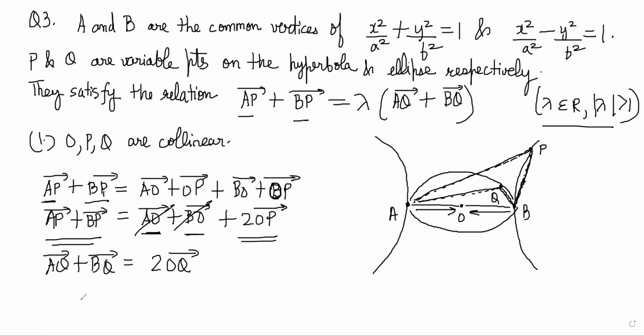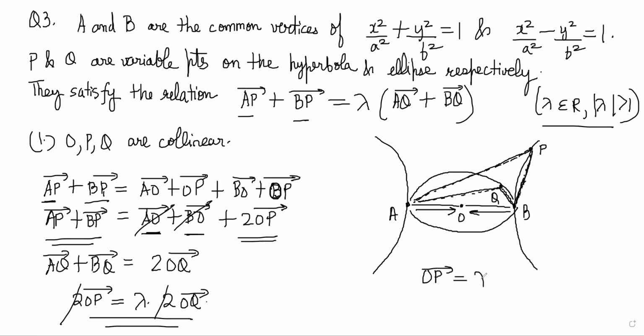So we are getting twice of OP vector is equal to lambda times twice of OQ vector. So basically 2 can be cancelled and we are getting OP vector is equal to lambda times OQ vector, which is obvious now that this is like a section formula situation when O, P and Q are collinear.